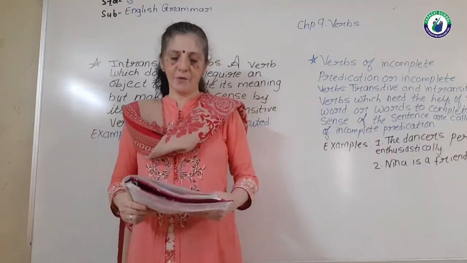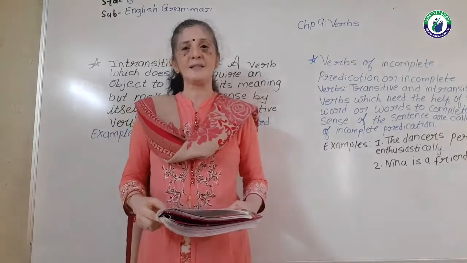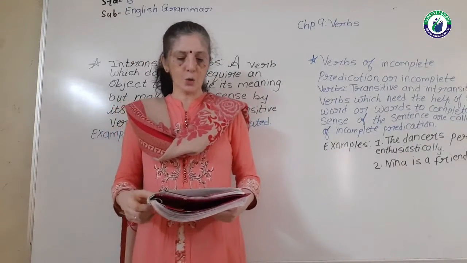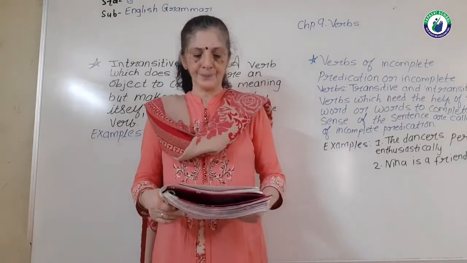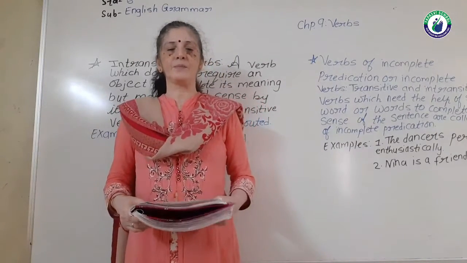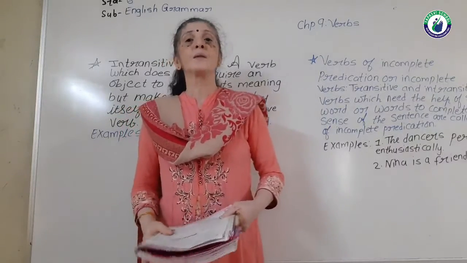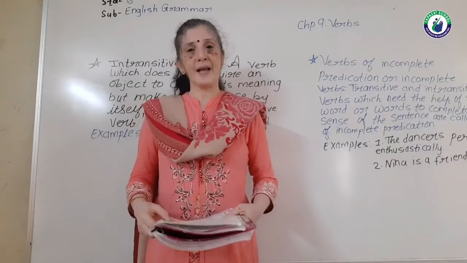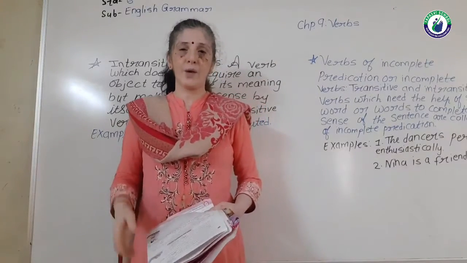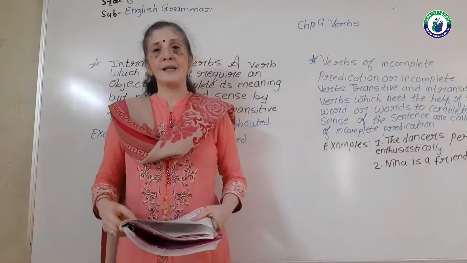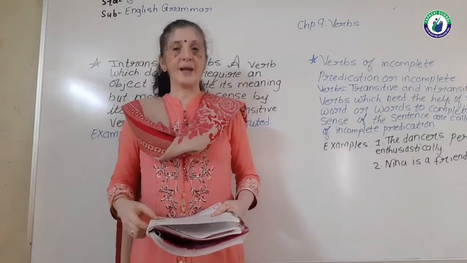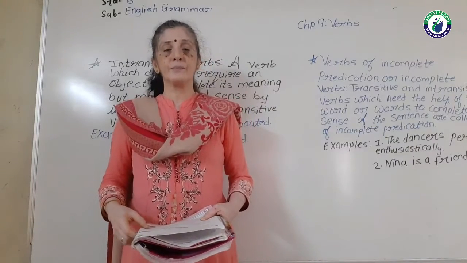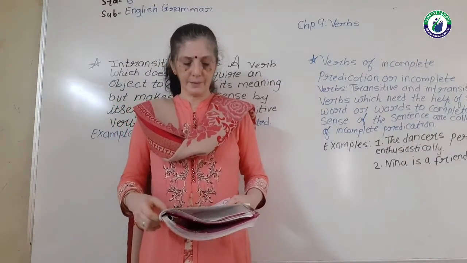These helping verbs are used to form tenses, questions, negative sentences, or to show the manner of action expressed by the principal verbs. Why do we use these auxiliary or helping verbs? To frame the tenses, to frame questions, to write negative sentences, and to show the manner of action that is done by the principal verb, right?